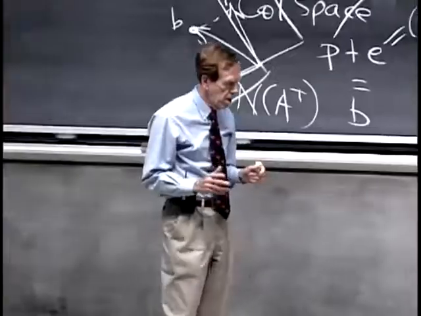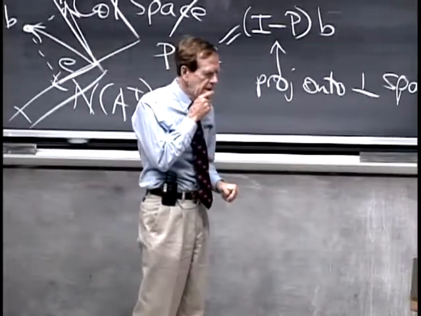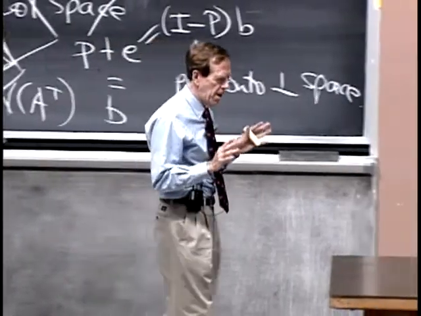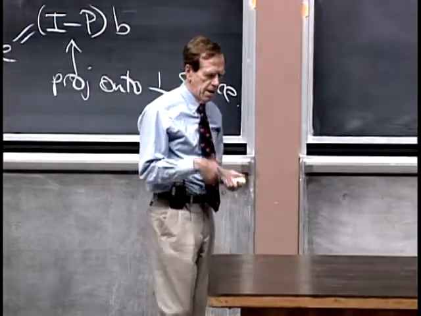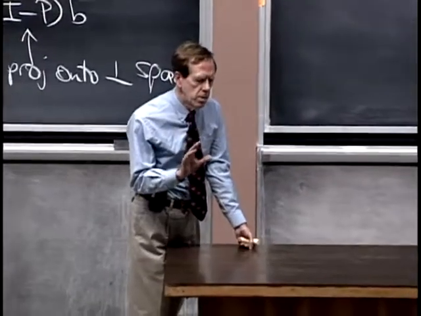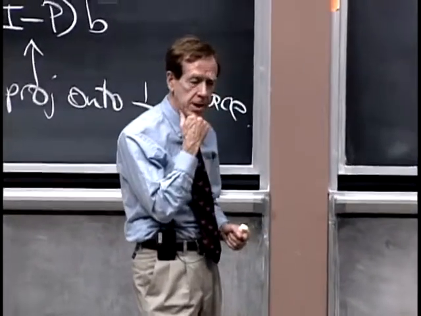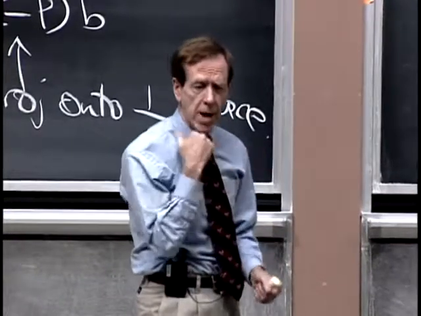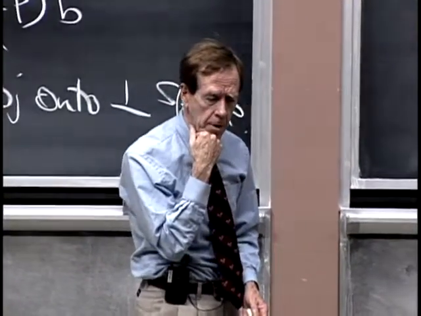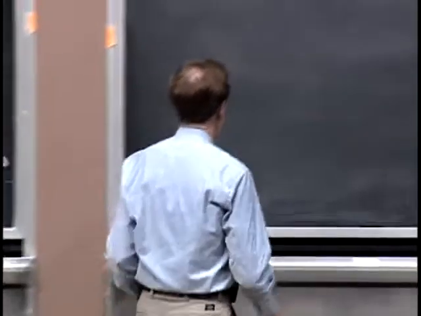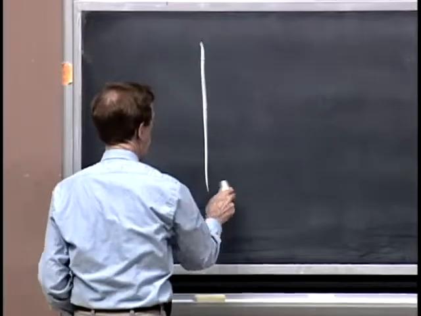So now, let me do that again. I'll go right through a problem that I started at the end, which is find a best straight line. You remember that problem? I picked a particular set of points.